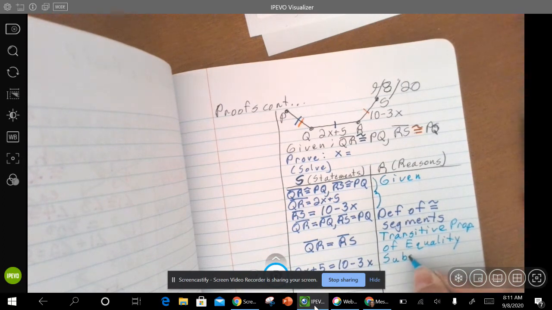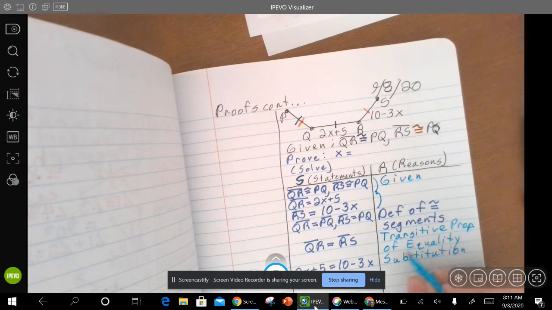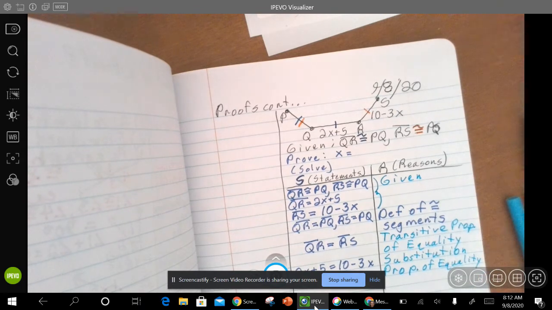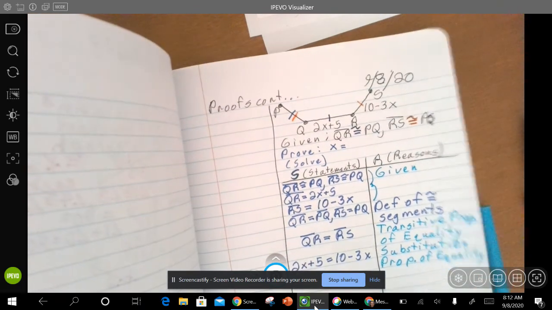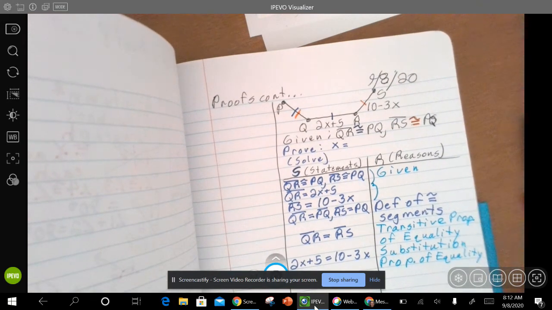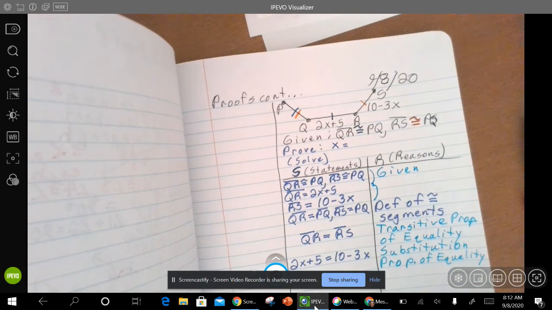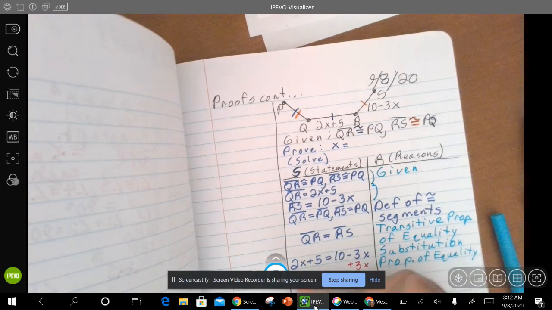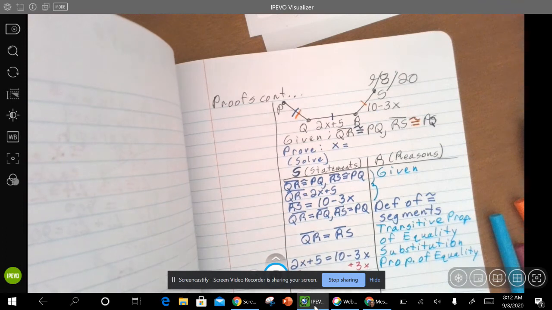So we are substituting in, everybody. We're doing our substitution property of equality. And then we're going to add 3x to each side. What we do onto one side, we must do to the other side.